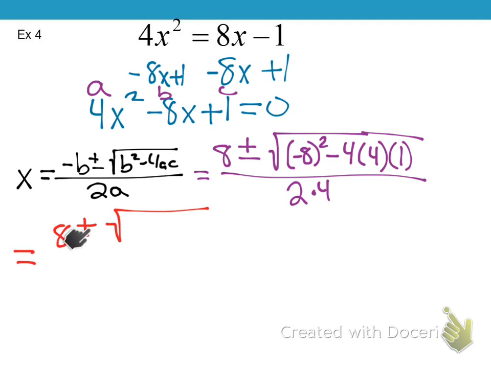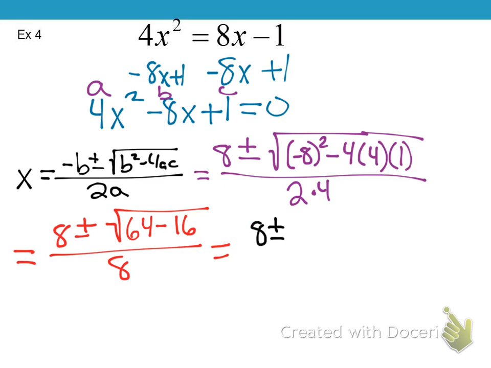So positive 8 plus or minus the square root of 64 minus 4 times 4 times 1, 16, all over 8. Okay, what is 64 minus 16? It is not a negative. Positive 48.